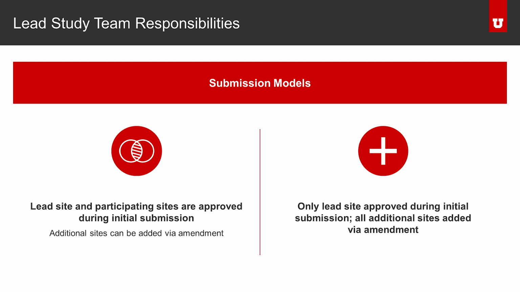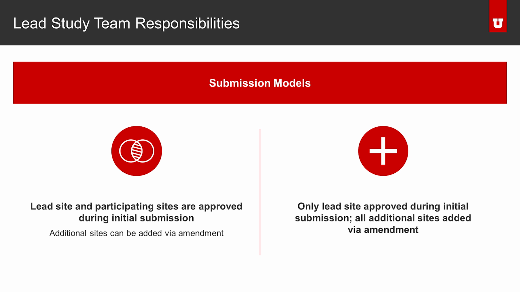The benefit of this model is that everyone is ready to begin the study together, and it requires only one main IRB submission to initiate the sites. The downside of this model is that approval of the application is contingent on all of the sites being ready for IRB submission at the same time. The issue with this is that there may be one or more sites who are taking longer to negotiate their Reliance agreement or their study-specific consent language. The delay at one site causes a delay for all the sites.